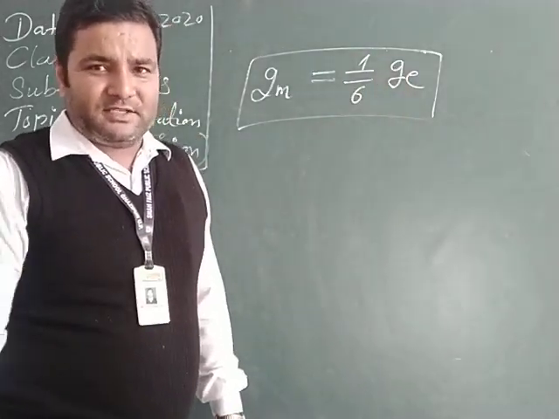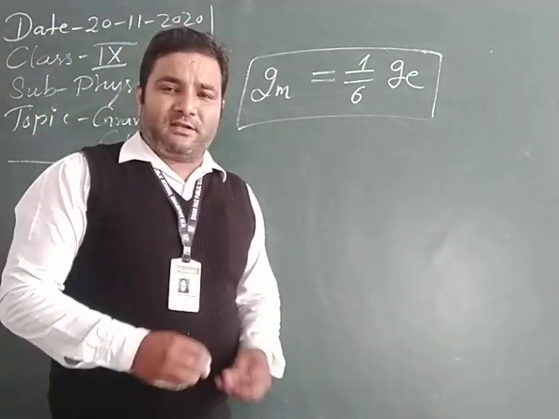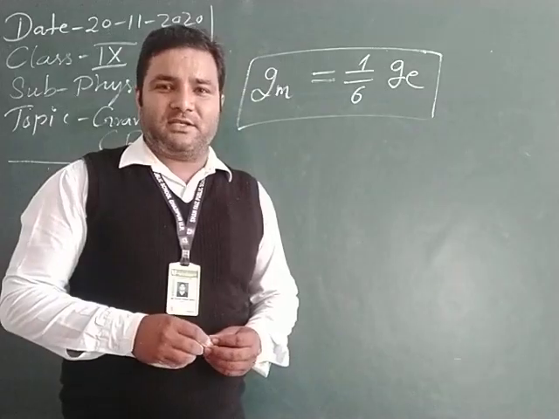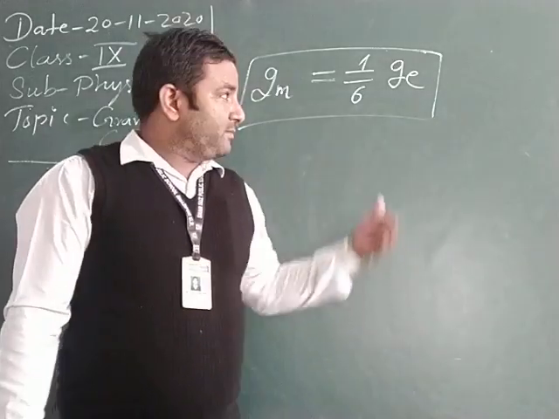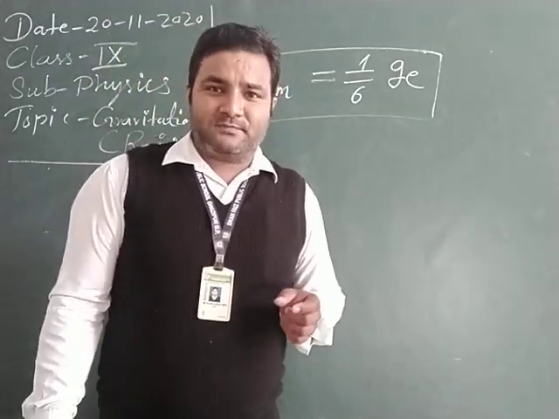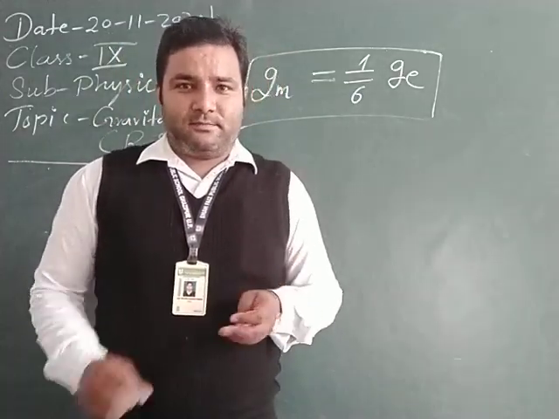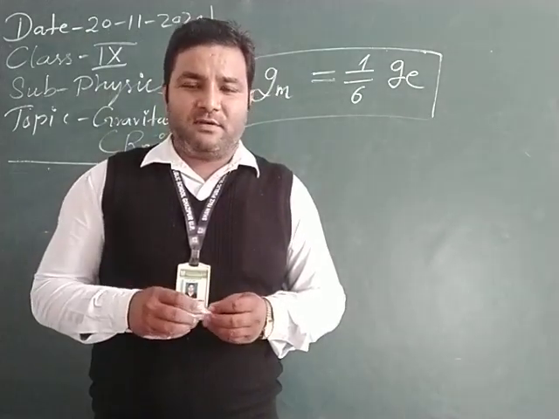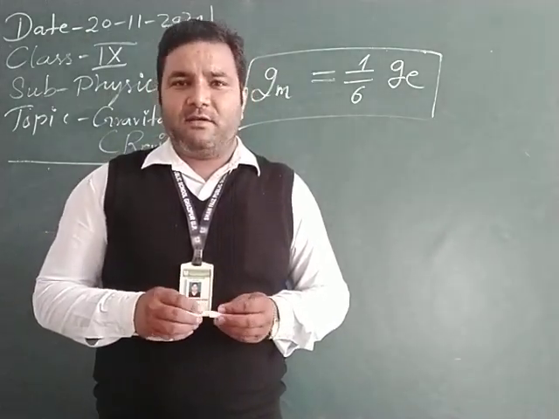In other form, it can be asked that the weight of an object on the moon's surface is 1/6 the weight on the earth's surface. To prove this, two terms are necessary: the mass of the moon and the radius of the moon, and how they relate to the mass and radius of the earth.